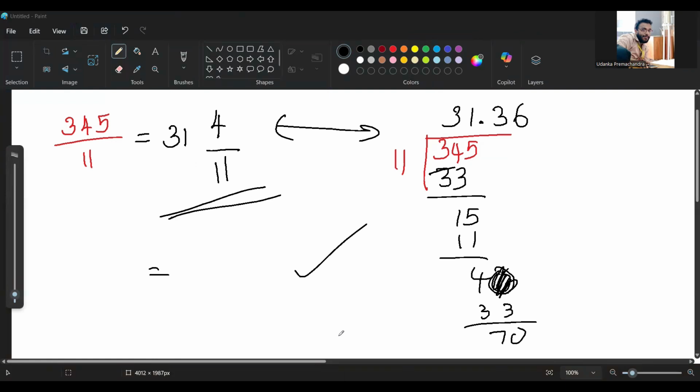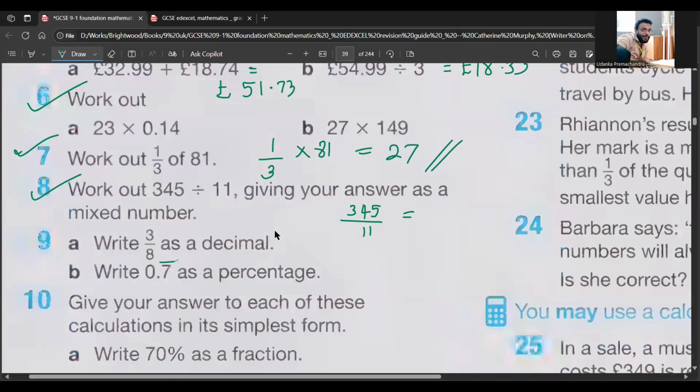Shall we move next? Here, if they are asking writing as a decimal number, you have to divide. Here, percentage. 3 divided by 8 and 0.7 as a percentage.